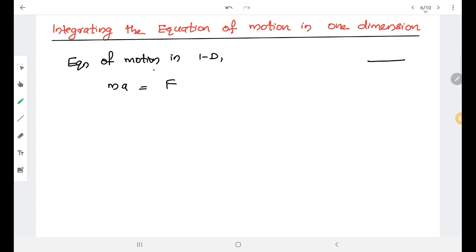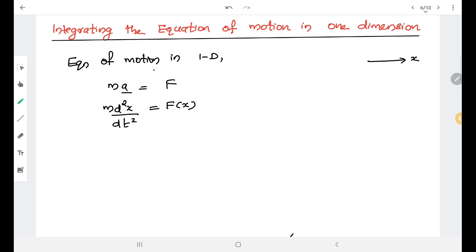Like we are dealing with the direction x, so we can represent the acceleration in terms of position. That means m d square x by dt square is equal to f of x, where f of x represents force as a function of position x.